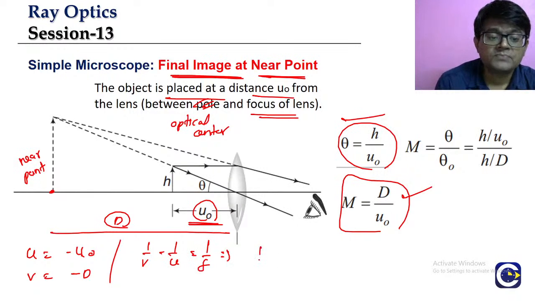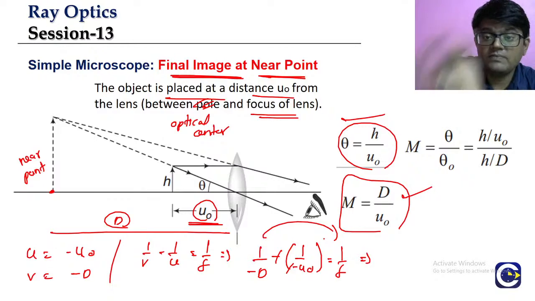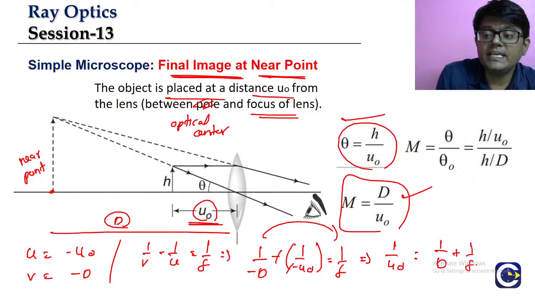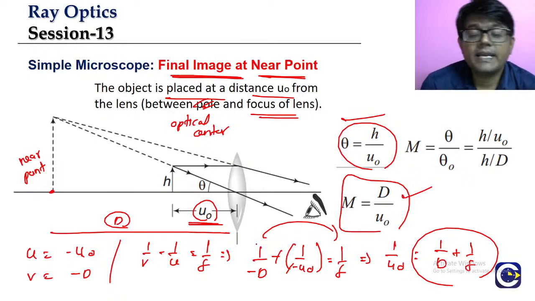Means 1 by minus D minus 1 by minus u0. Minus minus is cancelled. Taking 1 by minus D to the right side, the left hand side will have 1 by u0 is equal to 1 by D plus 1 by f. So 1 by u0 is 1 by D plus 1 by f.